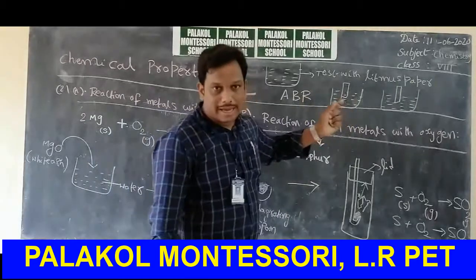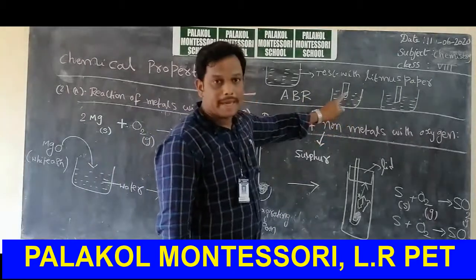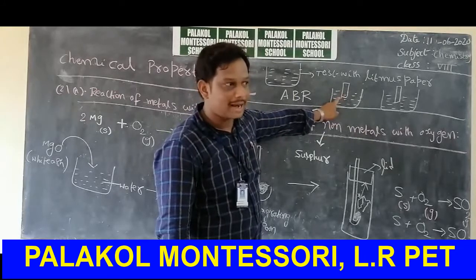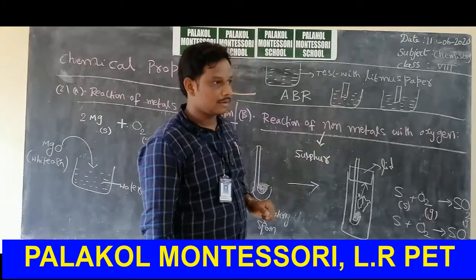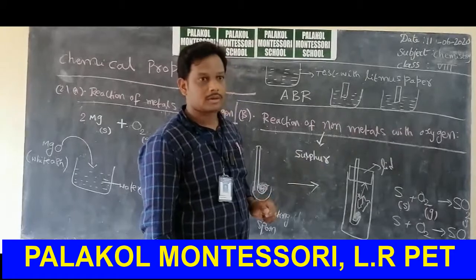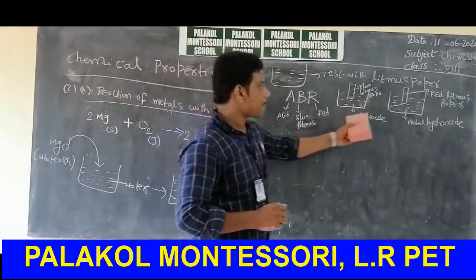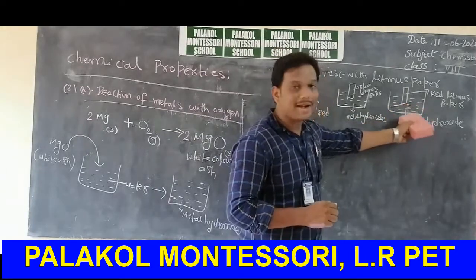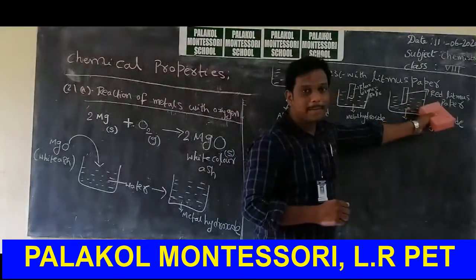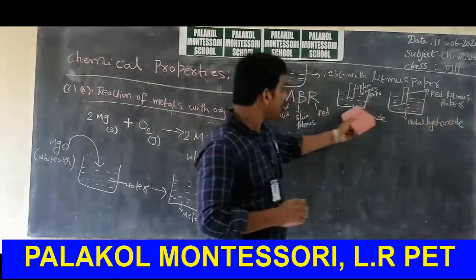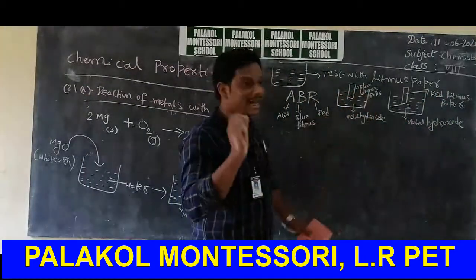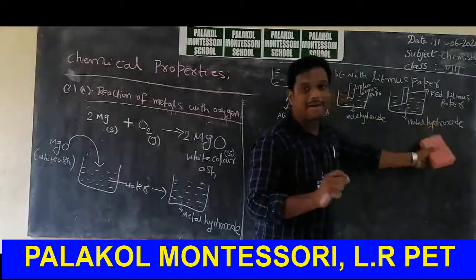Here we observed that blue litmus paper does not change to red color. When you dip red litmus paper into this metal hydroxide solution, the color of the red litmus paper changes to blue. This indicates that the metal hydroxide has basic nature.